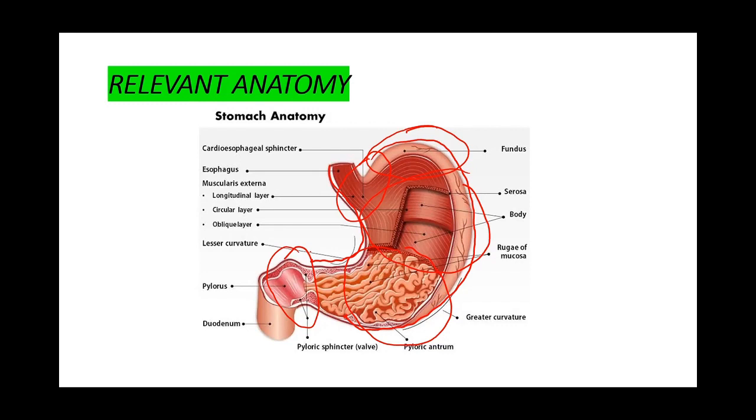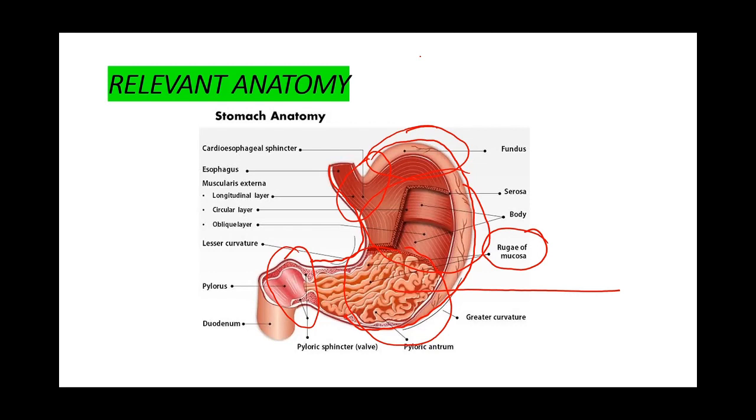It has layers of muscle: the longitudinal, the circular, and the oblique layers. The mucosa of the stomach is thrown into folds that are called rugae, okay? Rugae of mucosa. These rugae are more marked in the greater curvature as compared to the lesser curvature.